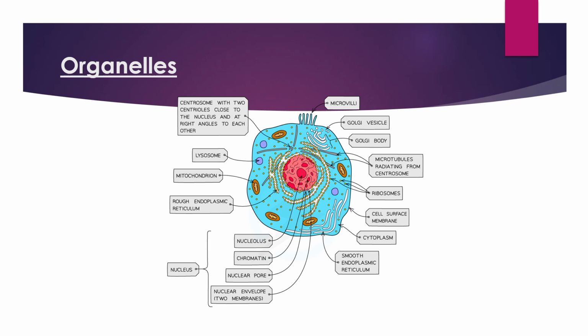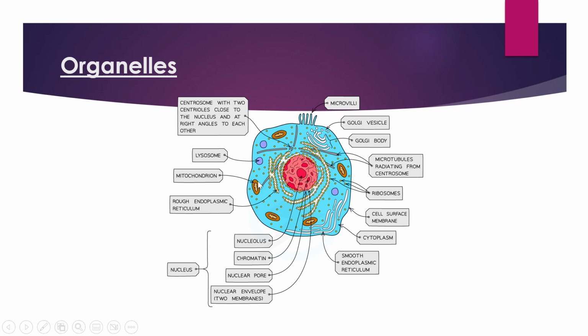Now looking at organelles, so we've got the nucleolus in the middle, chromatin, nuclear pore, nuclear envelope, double nuclear envelope, and all of that makes up the nucleus. You've got centrosome with 2 centrioles close to the nucleus at right angles to each other.